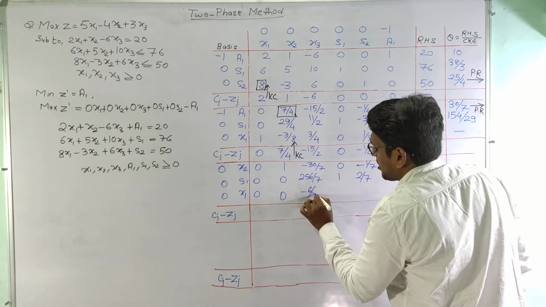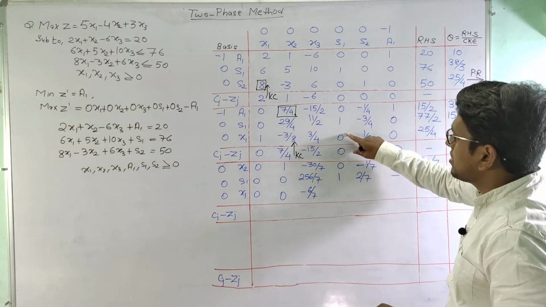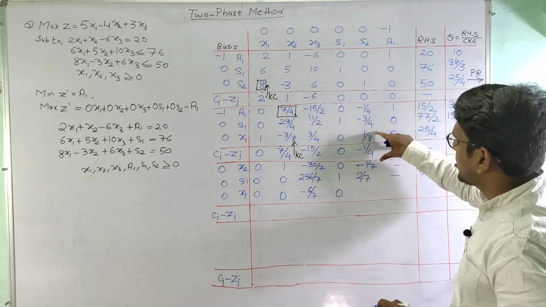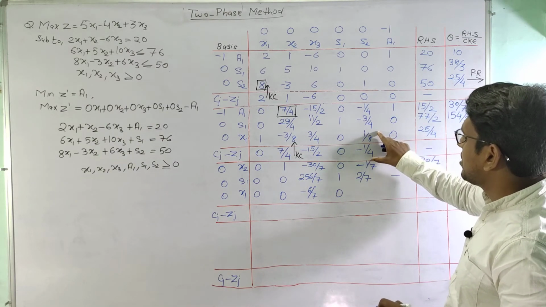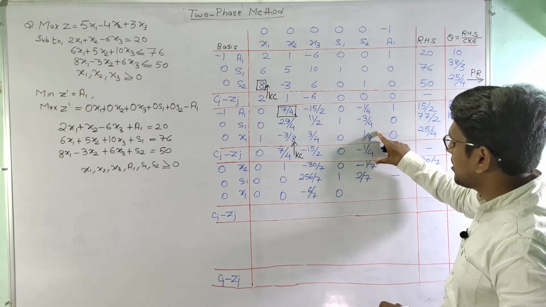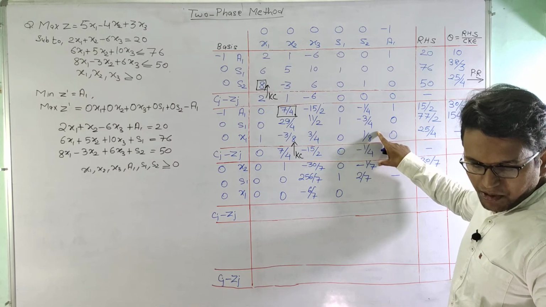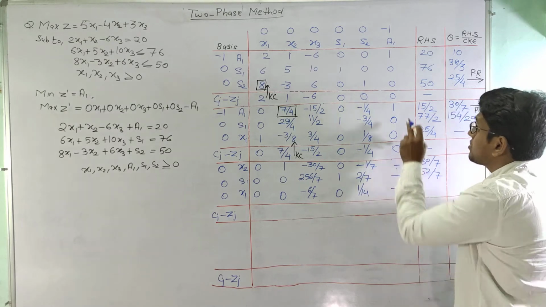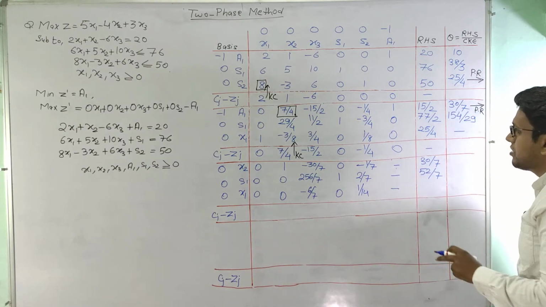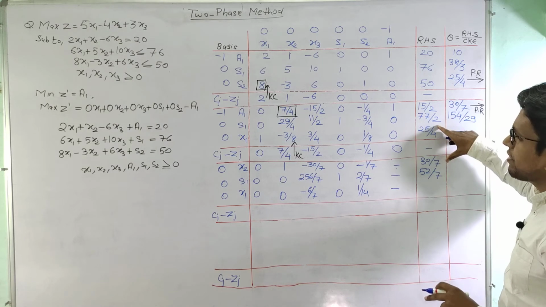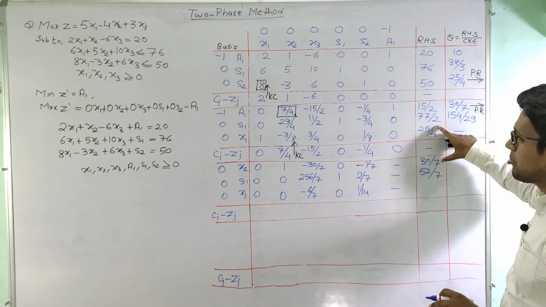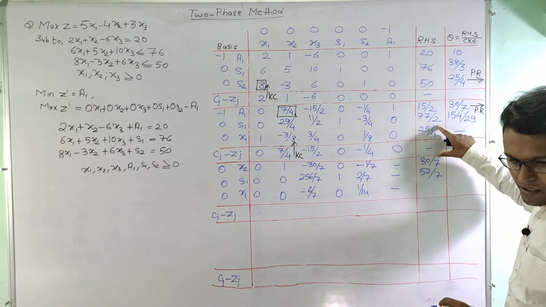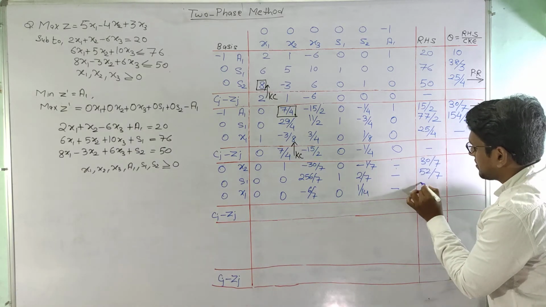Similarly 0 and 0 is 0. 1 by 8 plus minus 1 by 7 into 3 by 8, so this will be 1 by 14, and we do not need to calculate the value for the artificial variable. Similarly here 25 by 4 plus 30 by 7 into 3 by 8, this will be 55 by 7.